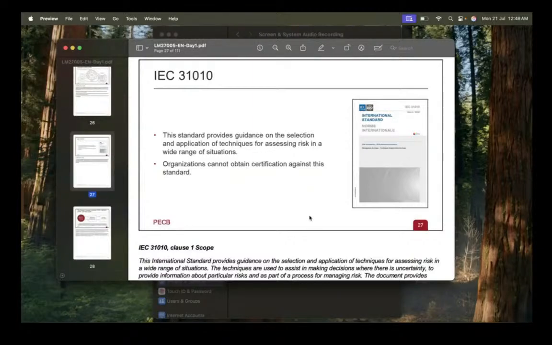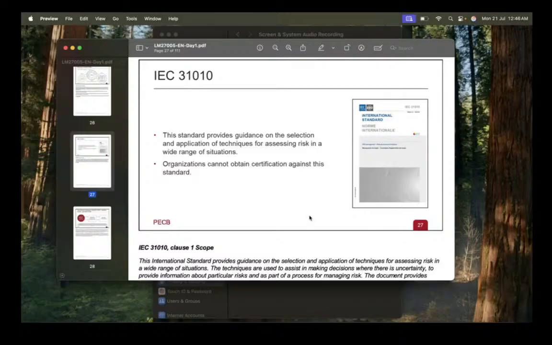This is the last one that we're going to discuss: IEC 31010. Since we're discussing risk management, this is also relatable, and it provides guidance on the selection and application of techniques for assessing risk in a wide range of situations.